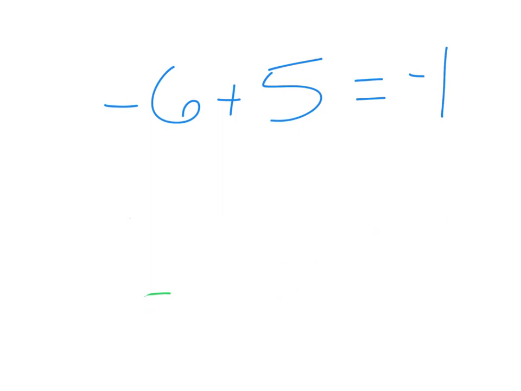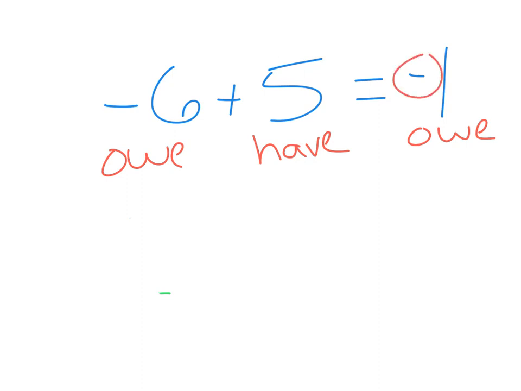Negative integers represent money that I owe, and positive integers represent money that I have. So if I owe $6 and I only have 5, then I still owe another 1. So that's why we have a negative in our answer.